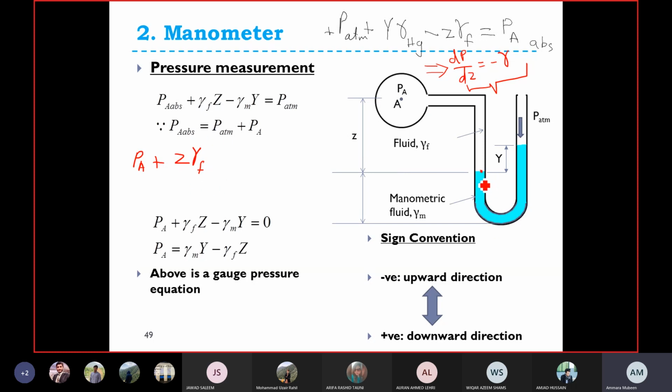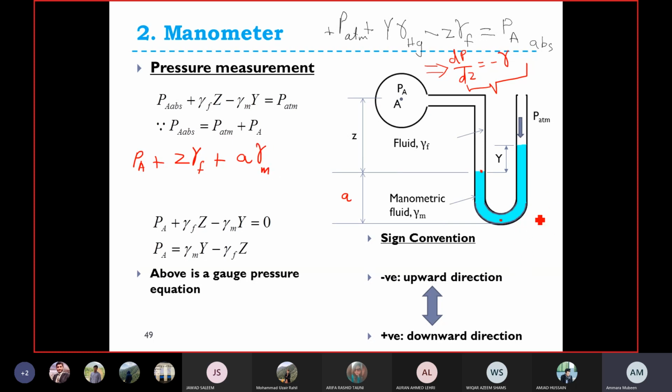Again I'm going downward, and now I need the pressure over here. If this distance is say A, what about the pressure over here? Again plus A multiplied by gamma of the manometric fluid, gamma m.